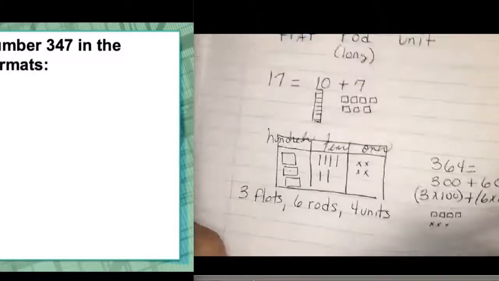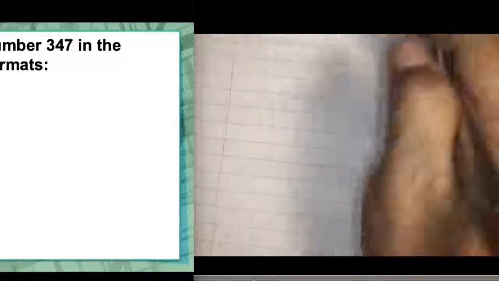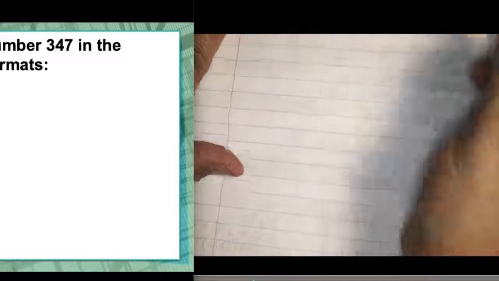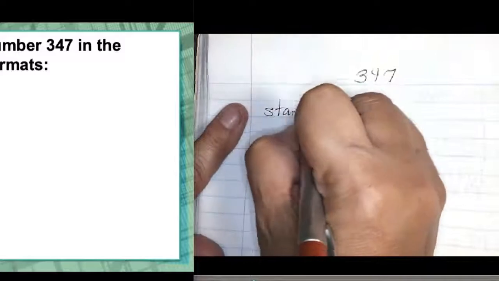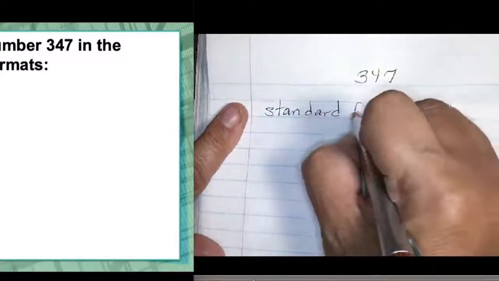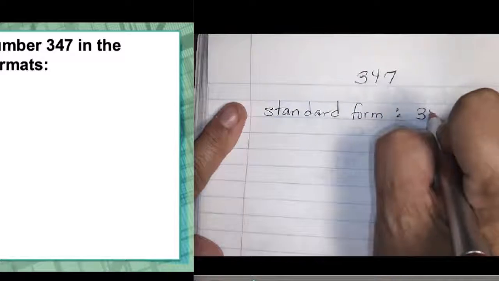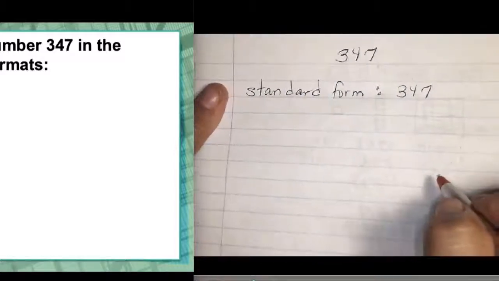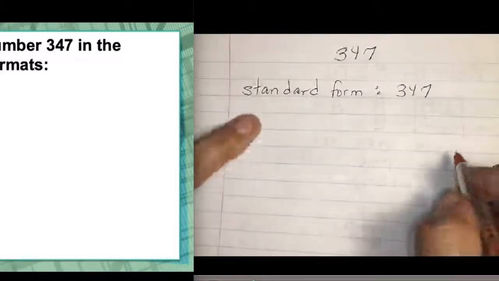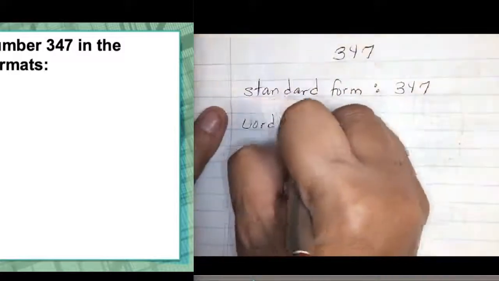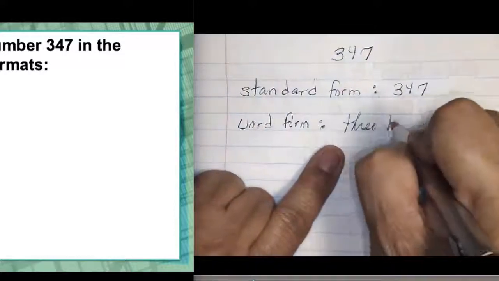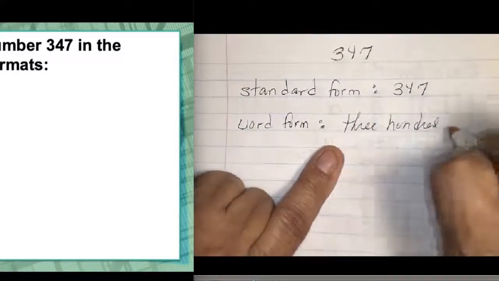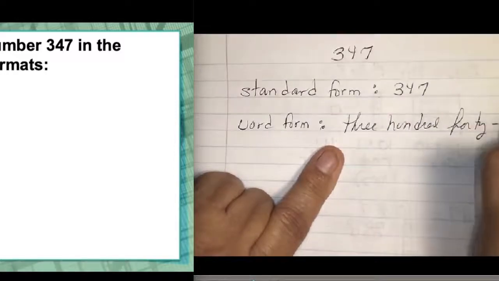So to finish up, let's go ahead and quickly write the number 347 using the following formats. So it'll be in our notes. Okay. So we have standard. Standard form is 347. It uses the digits 3, 4, and 7. In word form, we have 300 forty-seven.